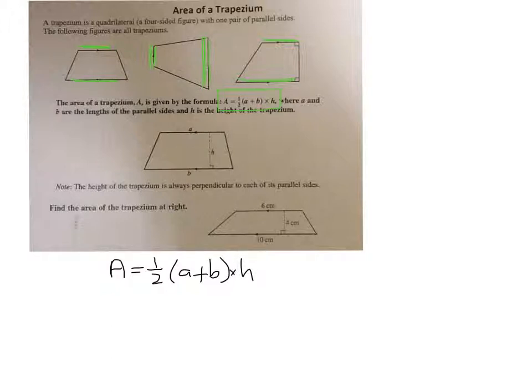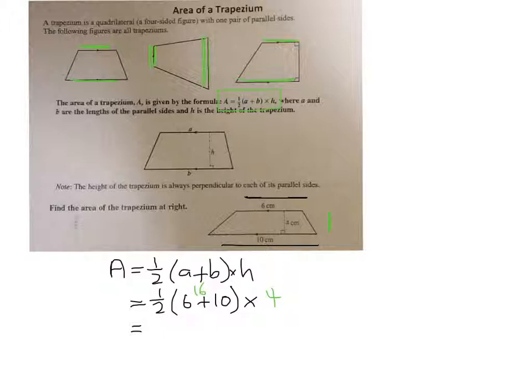Now the two parallel sides are the top and the bottom in this instance. So we've got 6 on the top, so we have a half, 6 plus b on the bottom, which is 10, multiplied by the vertical height here, which is 4. Firstly we work out what's inside the bracket. 6 plus 10 inside the bracket is 16.